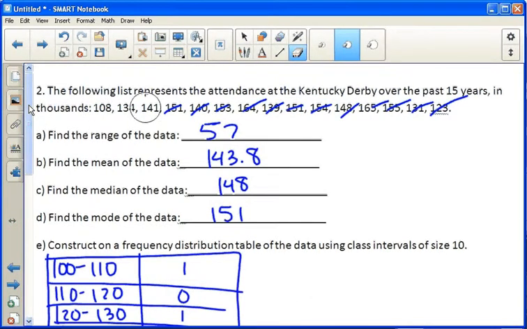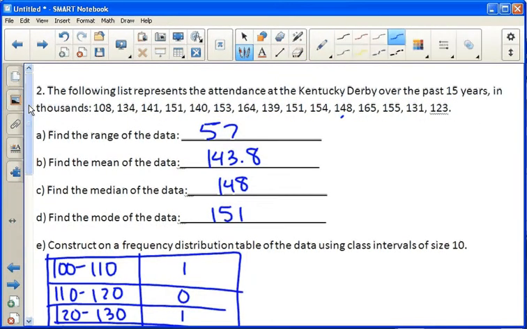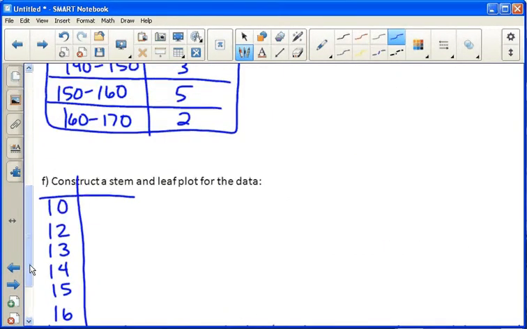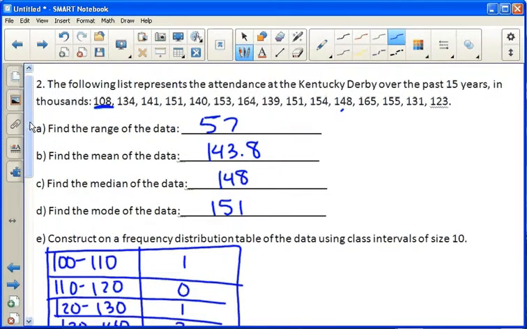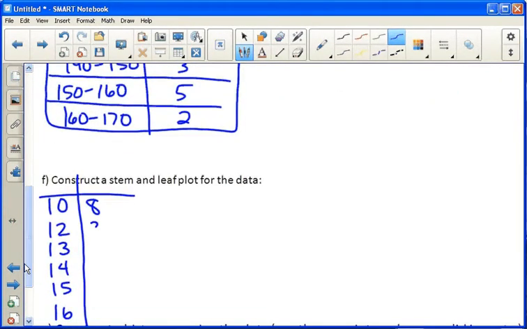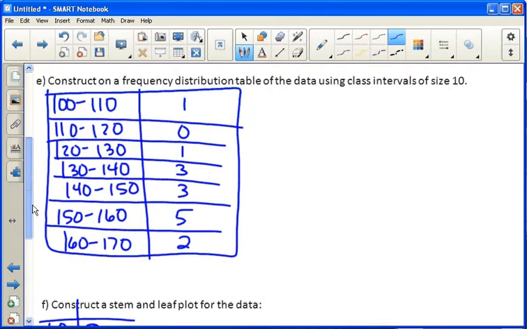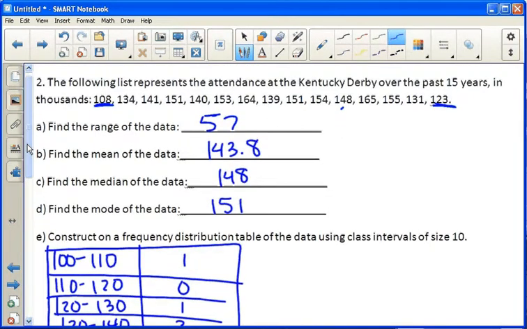Okay, so 108 is the only one with the stem of 10, so 108. There was nothing with the stem 11, so 12, we had 123. 13, okay, we're looking for 3 of these. So let's see, there's a 4, a 9, and a 1. Put those in order.